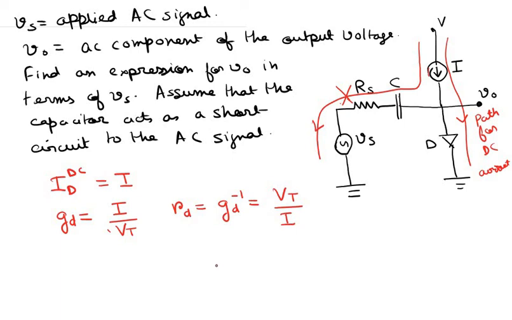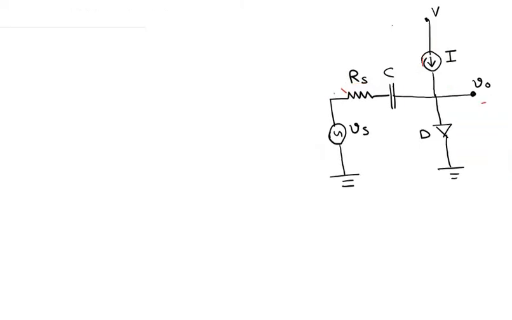Okay, now let us come to the path of AC current flow. This AC current cannot actually flow through this path.